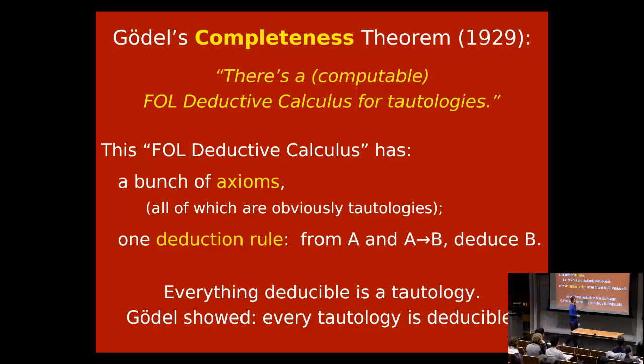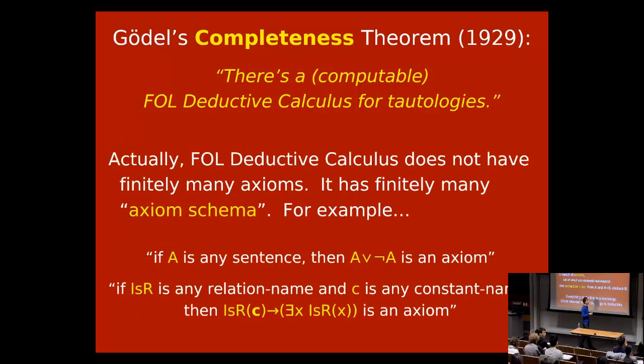One slightly annoying thing that I have to point out is that it's not just a finite list of initial objects, because then you would only be able to get not too many tautologies. It's actually a family of initial objects, or a family of axioms. Actually, we'll see an example of that later.